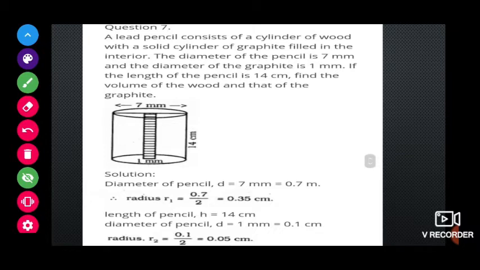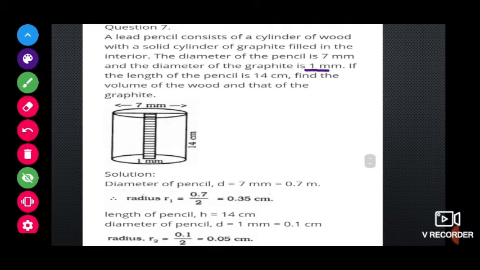Now they are asking what is the volume of the wood, only wood. So how will we find the volume of the wood, children? Usually if we find the volume of the cylinder, we get the total pencil cylinder. But we want only the wood, no? So we take the graphite volume inside as well. The height is the same for both wood and graphite.